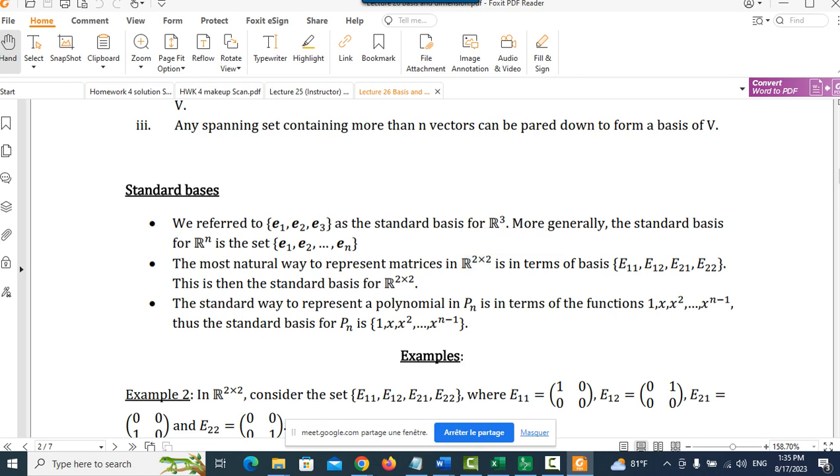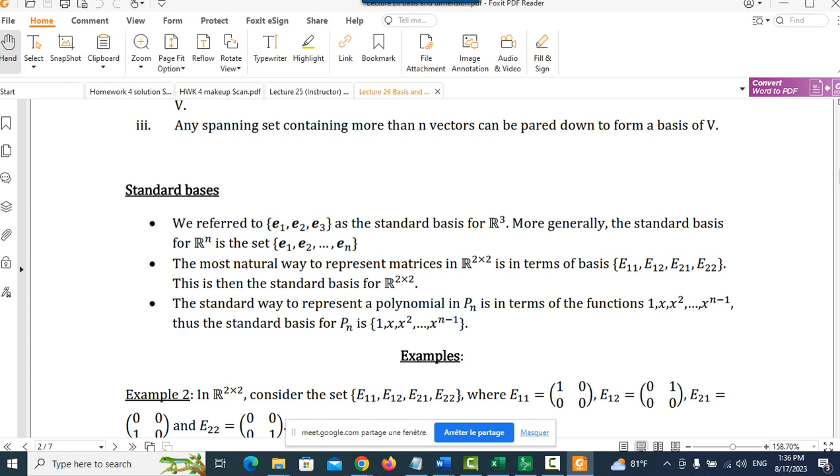Now the standard representation for a polynomial. The standard way to represent a polynomial in Pn is a polynomial of degree n in terms of the functions 1, x, x squared, all the way to x to the n.